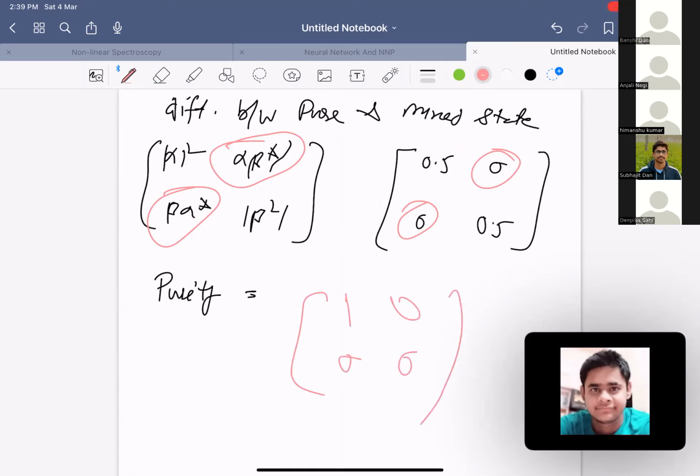Did you get it? Now, if psi is a superposition of 0 and 1, then in a mixed state also there will be an off-diagonal term. Let's say in a mixed state there is a summation over psi, p psi. Then that off-diagonal term will also appear, no?